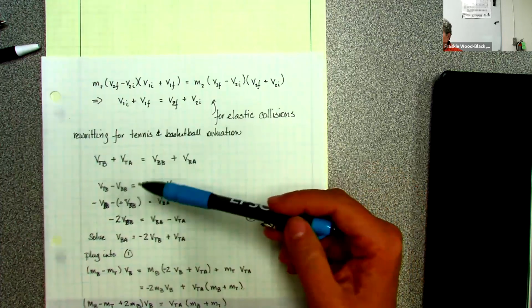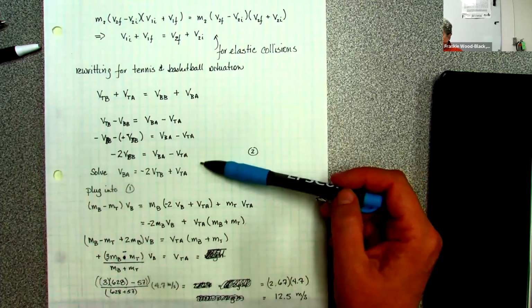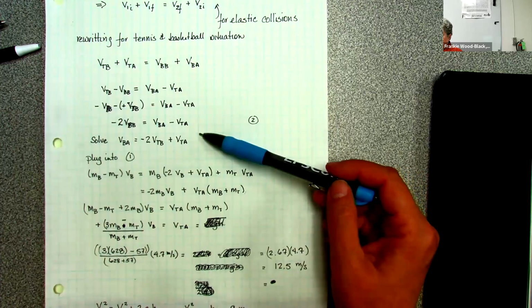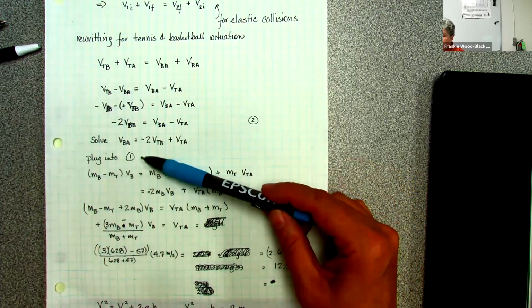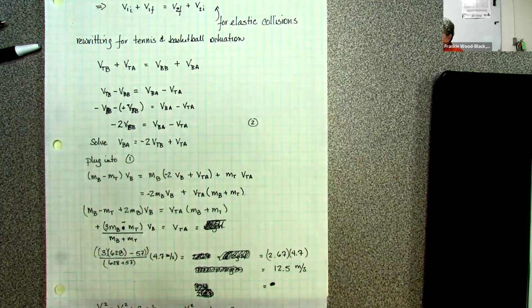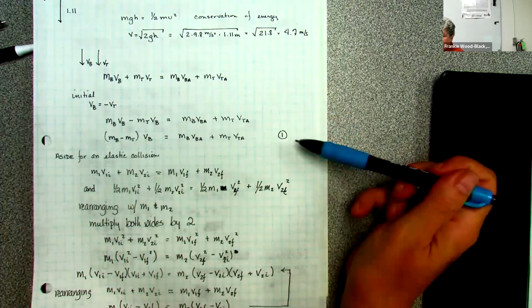Now I'm going to put my befores on one side and my afters on the other, and we're going to solve, and we're going to get this lovely equation, which we're going to ultimately plug into our first equation. And that goes back to this equation right here.